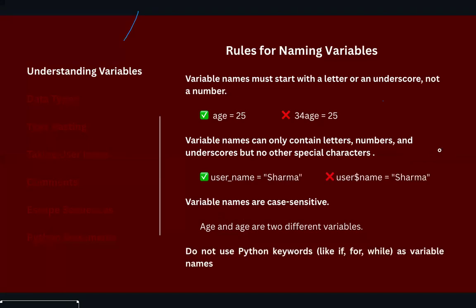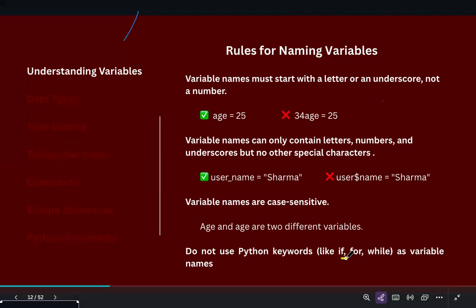And then, do not use Python keywords like if, for, while as variable names. As you progress in this Python bootcamp, you will come to know various kinds of Python keywords. So while defining a variable name, you are not supposed to include those pre-built keywords that we have in Python.